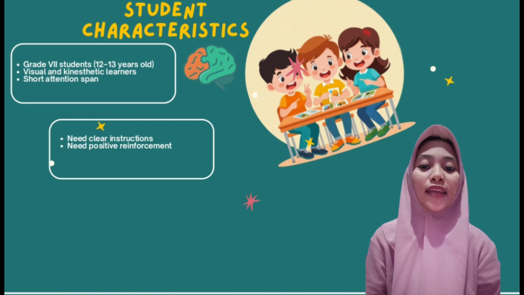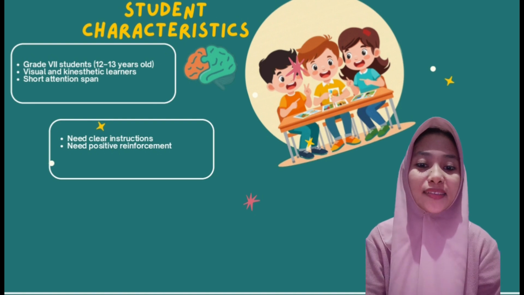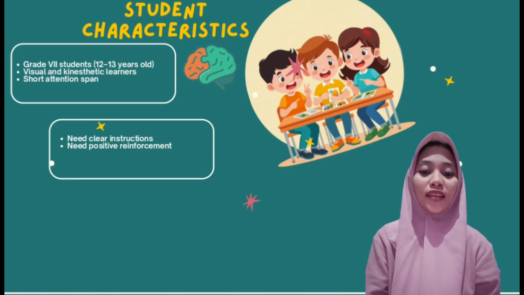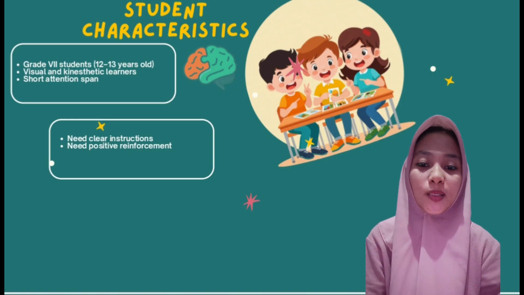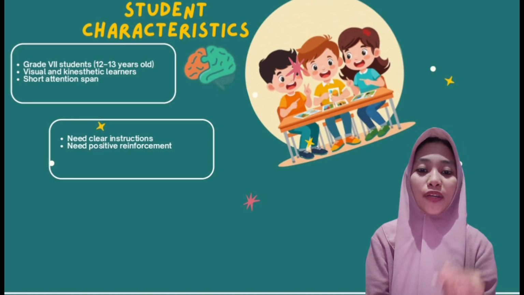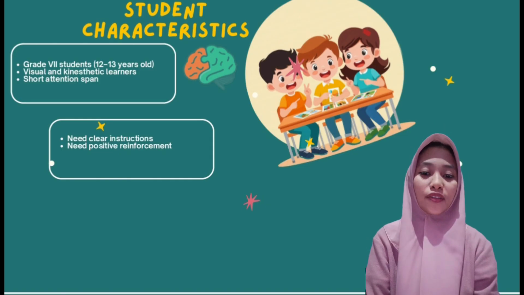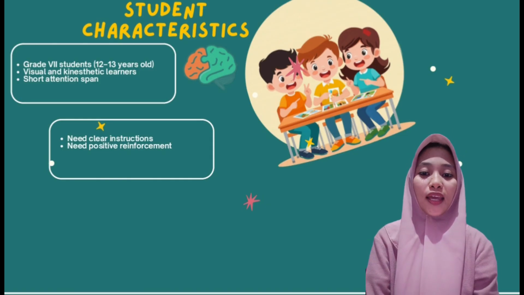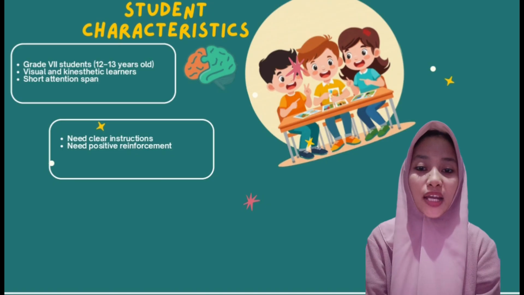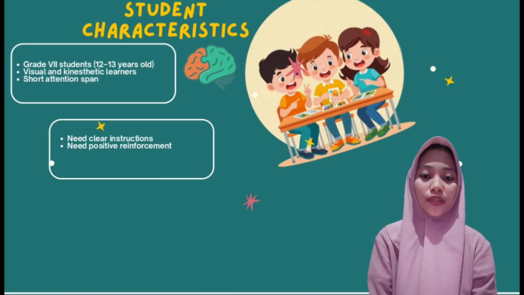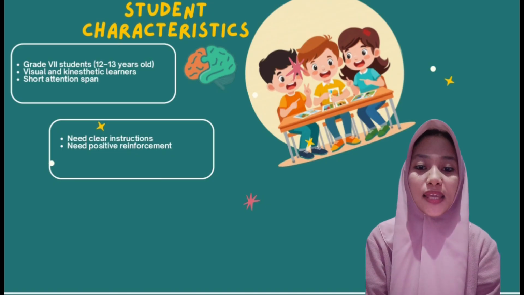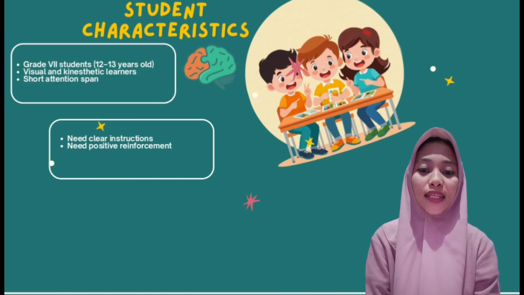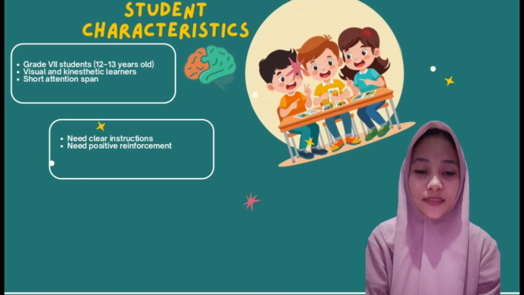Next, I will explain the characteristics of the students. The target learners are 7th grade students around 12 to 13 years old. At this age, students are active and curious. They enjoy learning through pictures, examples, and interactive activities.